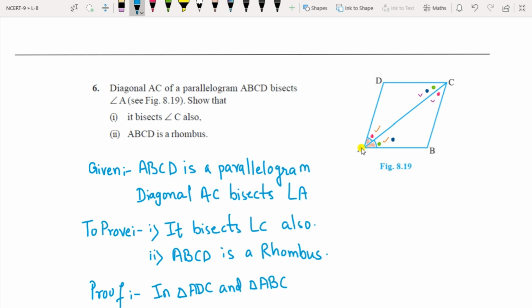DAC is equal to BCA because of alternate angles, and similarly DCA is equal to BAC, also alternate angles. Since DAC and BAC are equal, these two are also equal. So this is the way to prove.